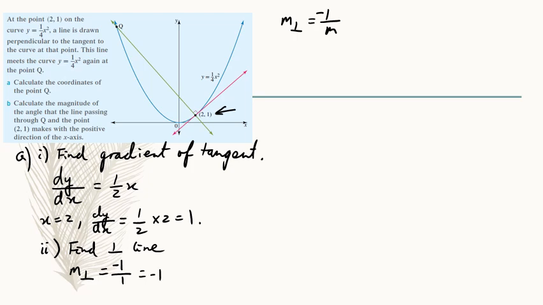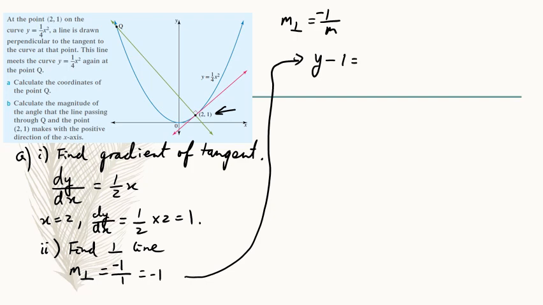And once we have the gradient, we still need to know how far it's shifted, which is why we need to find the line. So once we've done that, let's find the actual line where we have y minus, we're going to substitute the point which we have listed as an arrow there, which is (2, 1).